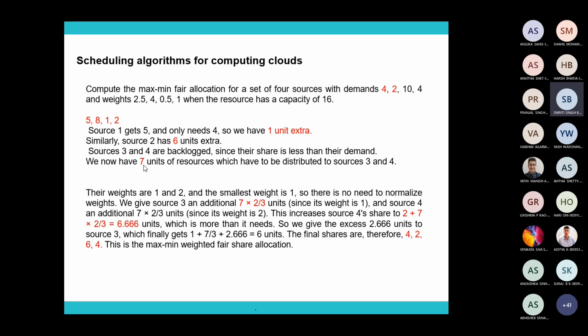Then a total of 7 extra is there, right? Is it clear? Yes, sir. Then that has to be distributed among the last two users, in the ratio of 0.5 and 1, or maybe you can take the ratio 1:2. So when you divide this 7 in this ratio, how much will each get?